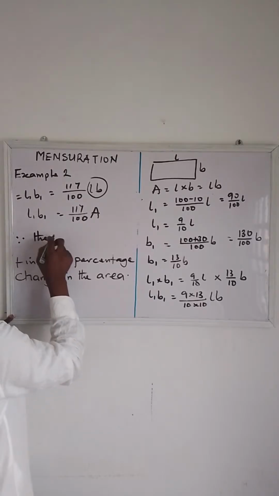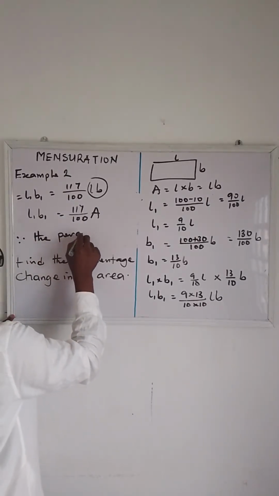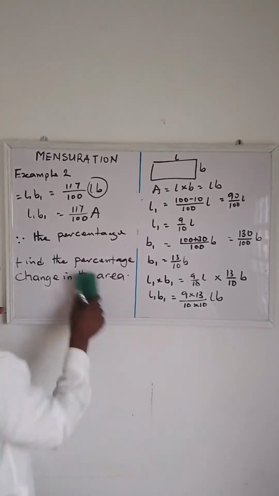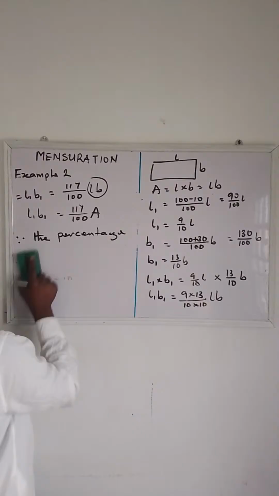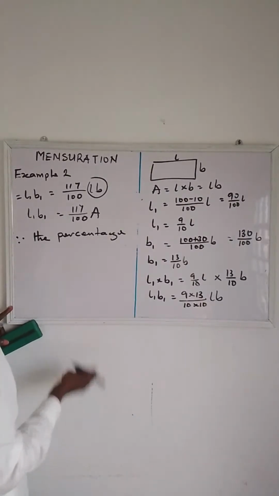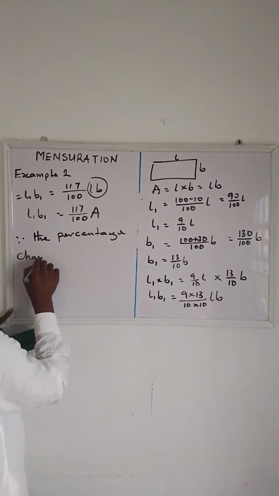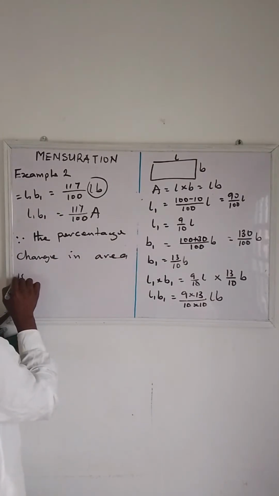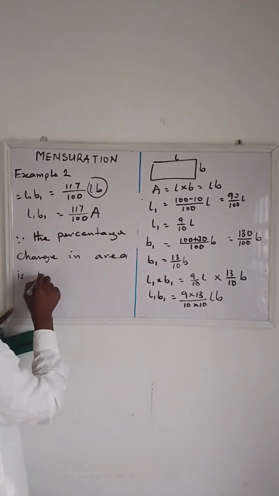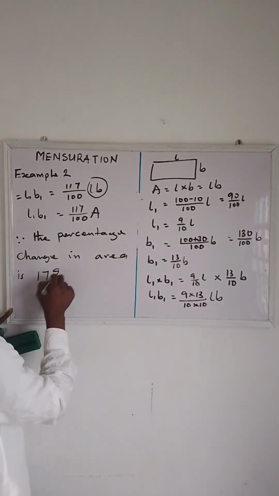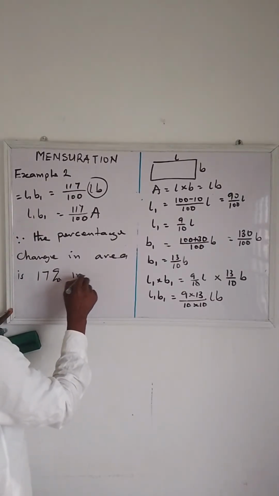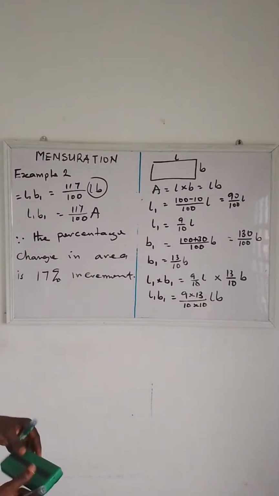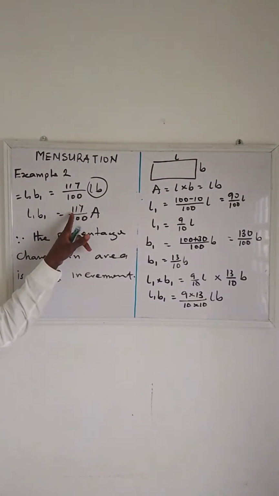So we now say, therefore, the percentage change in area is 17%, an increment, because it has increased by 17.